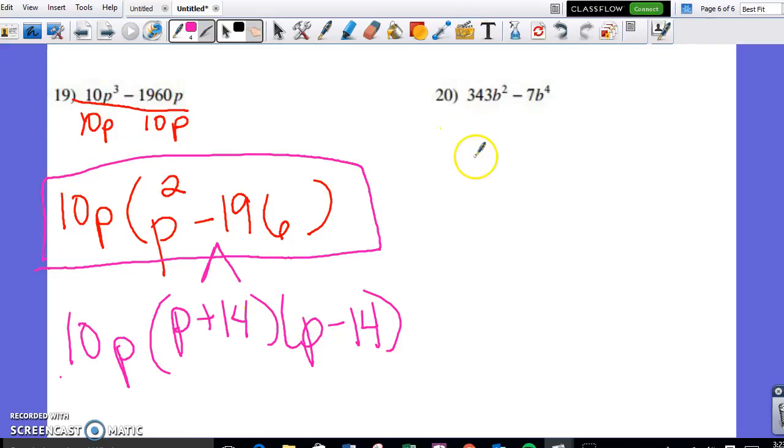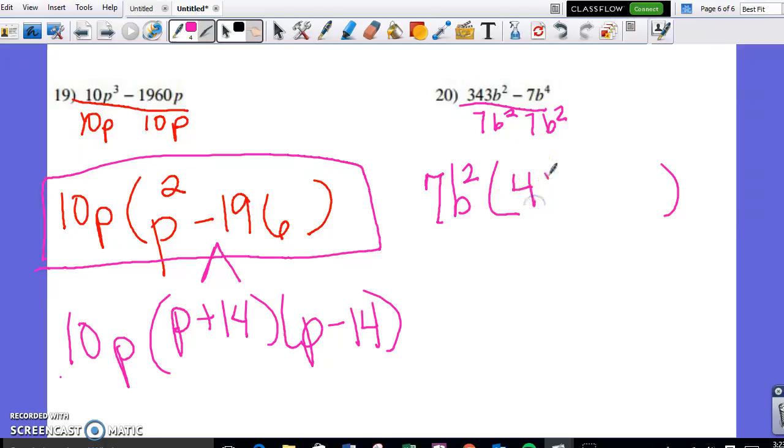Same thing here. Okay, what can both of these go into? They can both go into 7, and they both have a b squared. So you're going to take that out, 7b squared. Okay, well, self, how many times can 7 go into 343? And that is going to be 49, right? Let me just check myself here.